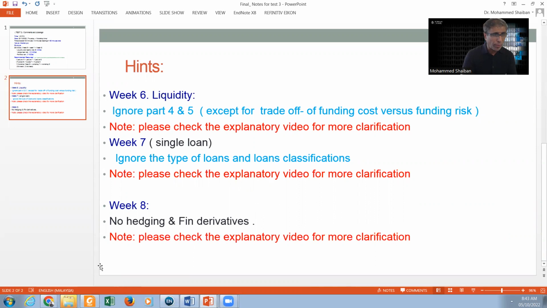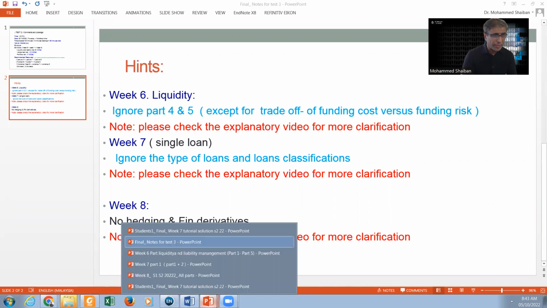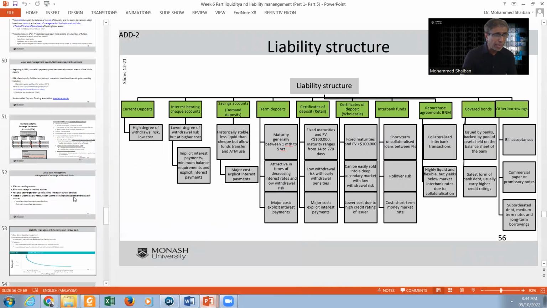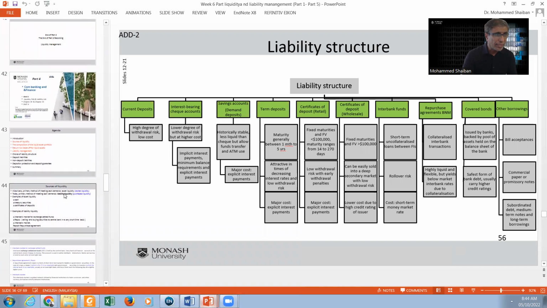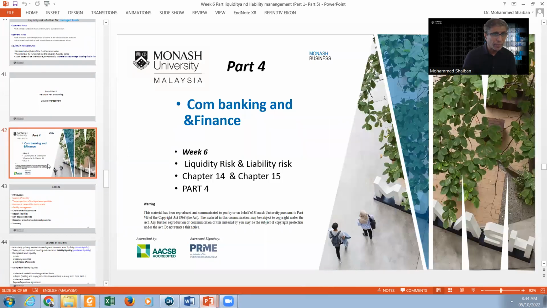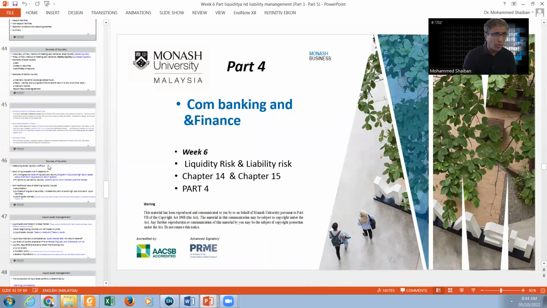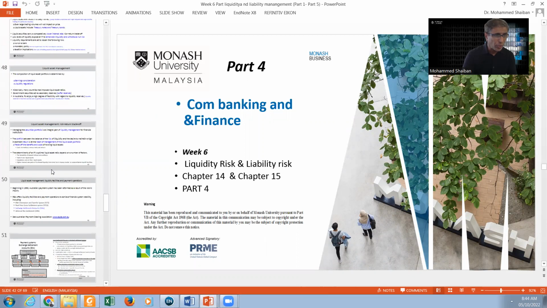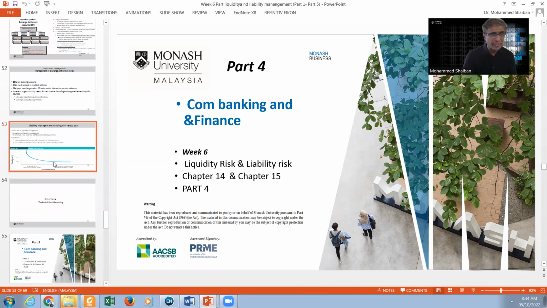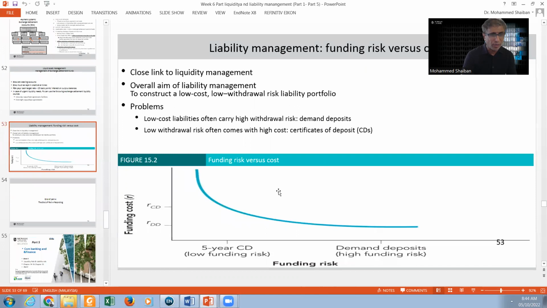Now, when we talk about part 4 and part 5, you can ignore all of this. I just want you to be aware of this: the trade-off between the funding risk and the liquidity funding cost.